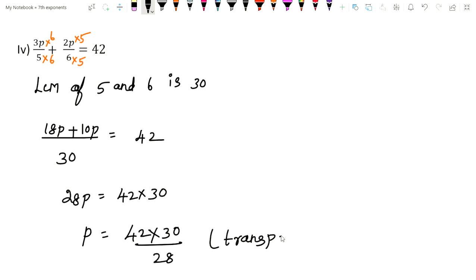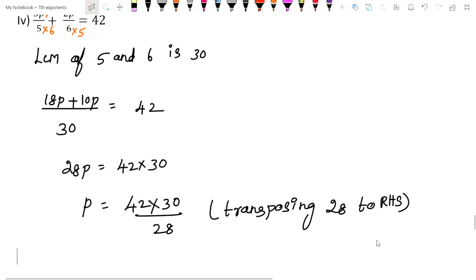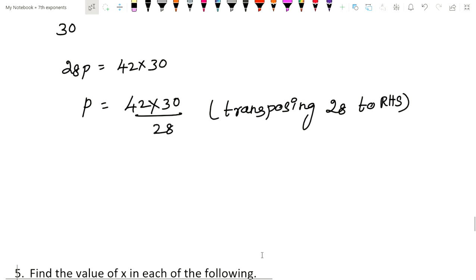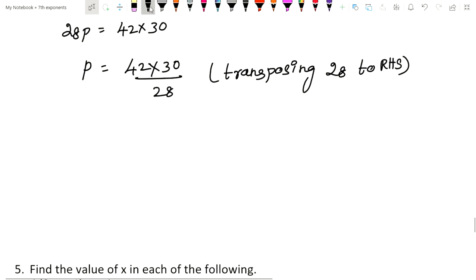So transposing 28 to RHS. Here divide by the 7 table: 4 sevens are 28, 6 sevens are 42. 2 twos are 4, 3 twos are 6. 2 ones are 2, 15 twos are 30.